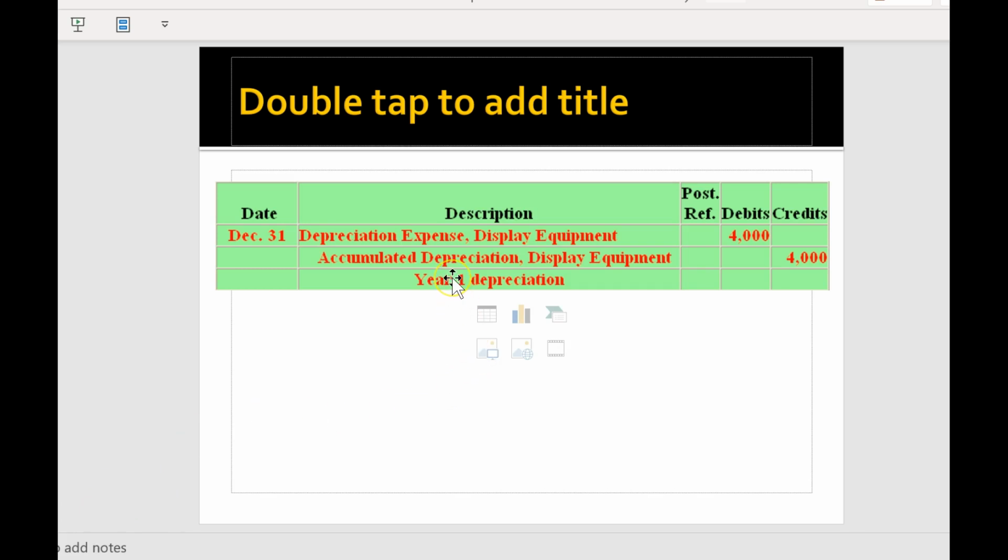Year one, we are going to debit depreciation expense. This is an expense account because we are using up the equipment, the display equipment. So we are debiting expenses. We are crediting, and this is a new account that we've never seen before, called accumulated depreciation. What does this account mean?